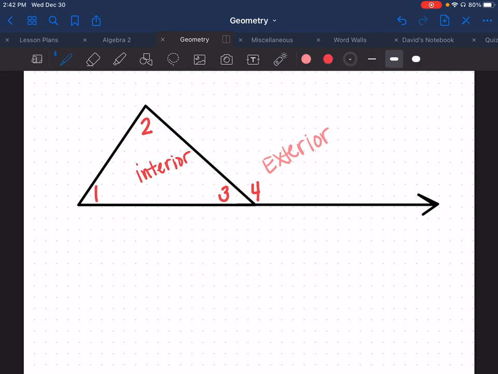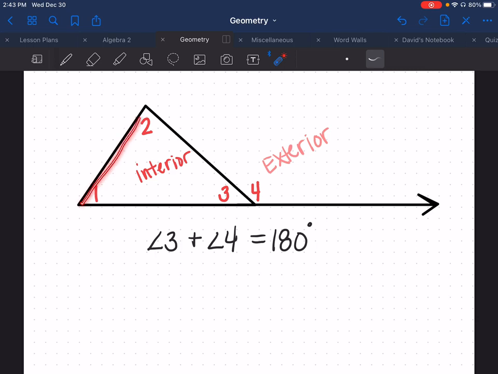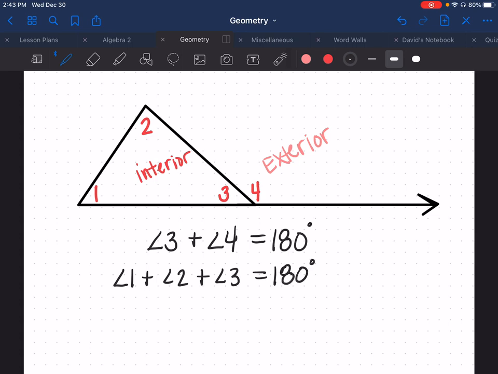So I can say that the measure of angle 3 plus the measure of angle 4 equals 180 degrees because they are a linear pair. They create that straight line. I also know that angles 1, 2, and 3 together create a triangle. So as per the last theorem, angle 1 plus angle 2 plus angle 3 equals 180 degrees. That's the triangle sum theorem.